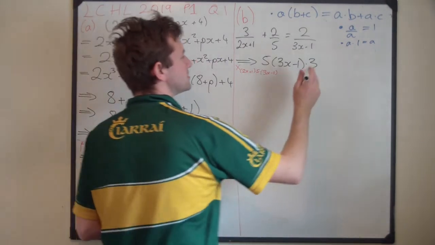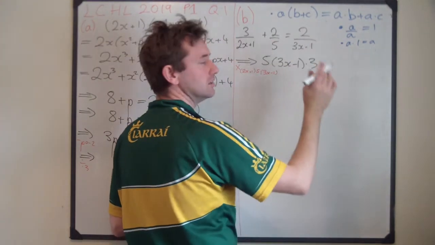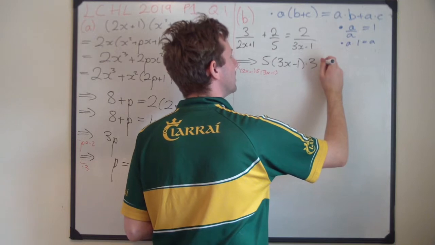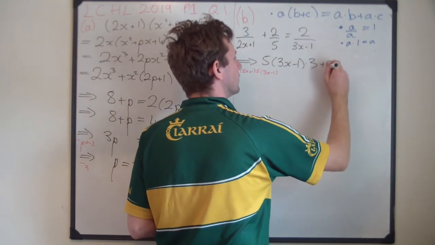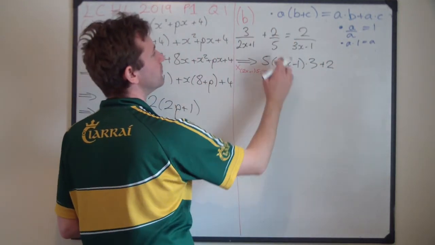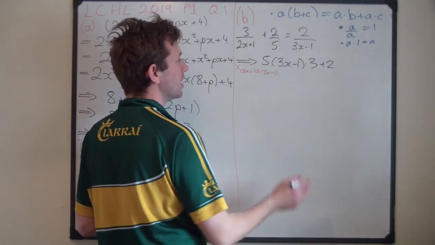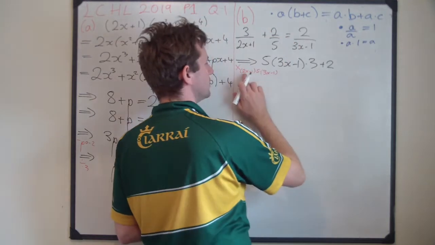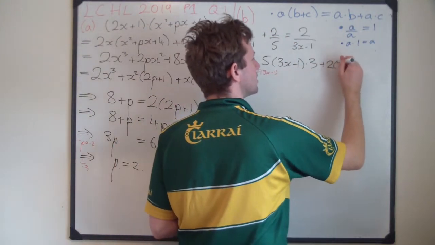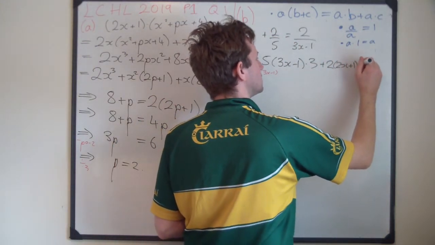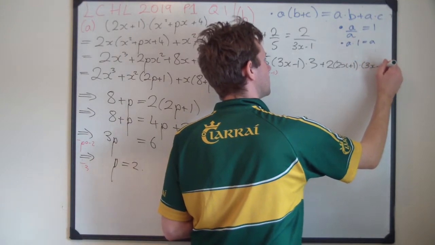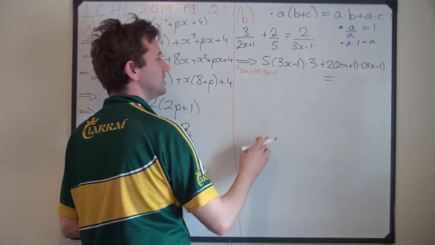Similar story, space is going to be an issue here with this tiny little whiteboard, but anyway, let's go. Similar story, if I multiply 2/5 by this, the 5 divided by 5 is 1. That's gone. So I just have 2, which I've included, and then these two linear terms, 2x plus 1 times 3x minus 1, equal to, multiply the right hand side by this.